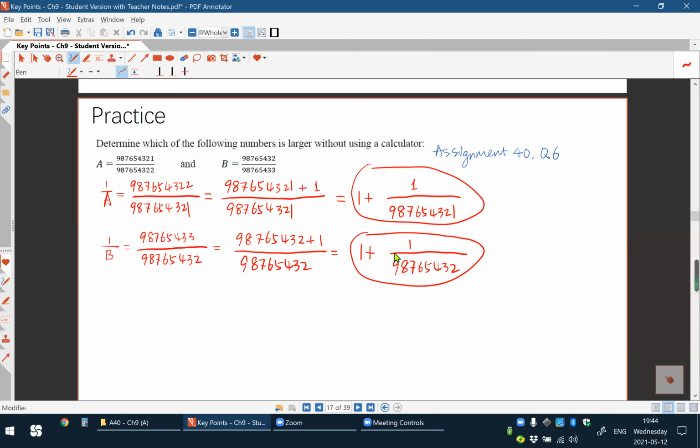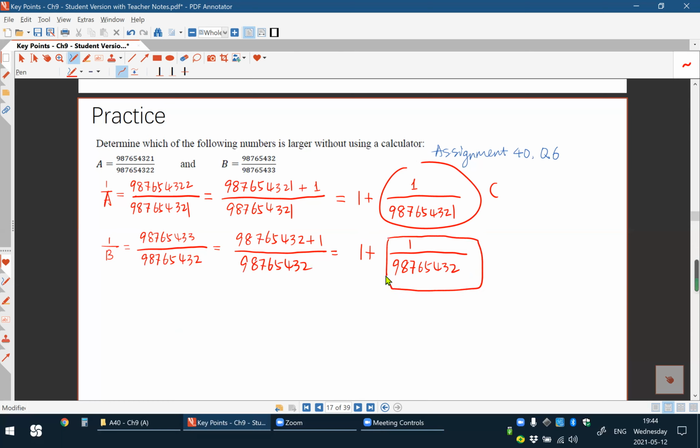Can you tell me? Suppose we call this C and call this part D. So which one is larger?